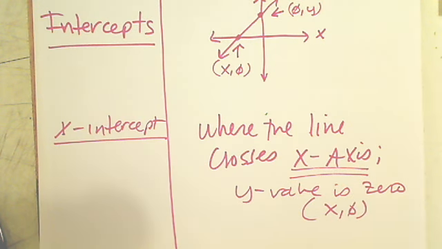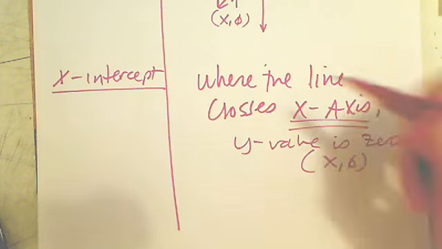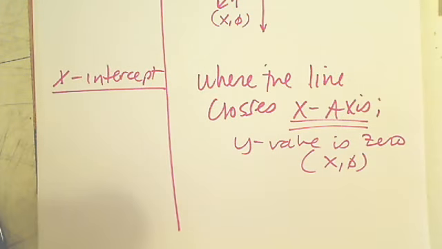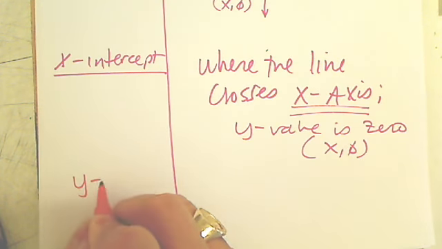The point is X, 0. Where is the line crossing the X-axis? That's the X-intercept.